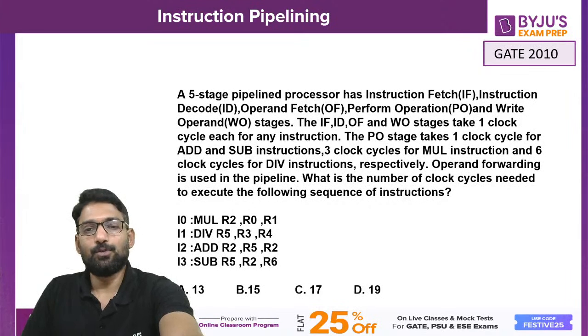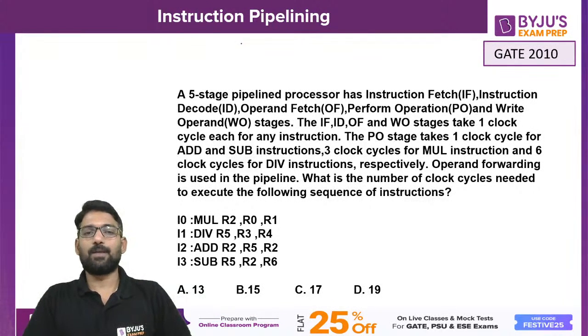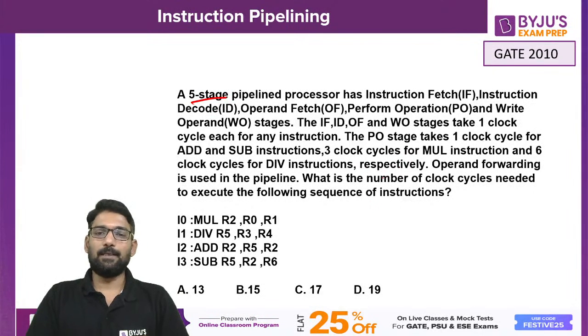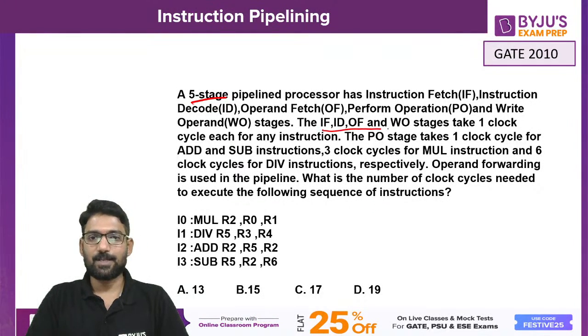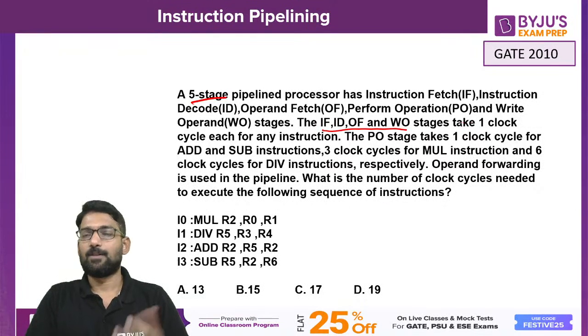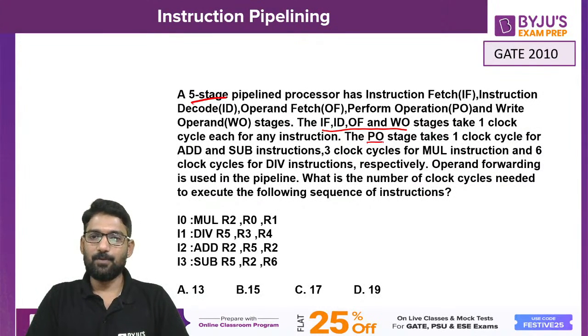If you go through the question, it is given there are 5 stages, and among them 4 stages take 1 cycle for any instruction, but PO takes 1 cycle for add and sub, 3 cycles for null instruction, 6 cycles for div instruction. Operand forwarding is given, so don't worry about the dependencies. Then the total number of clock cycles needed.